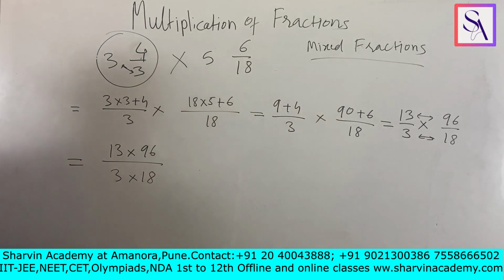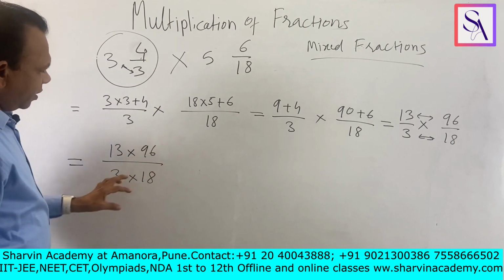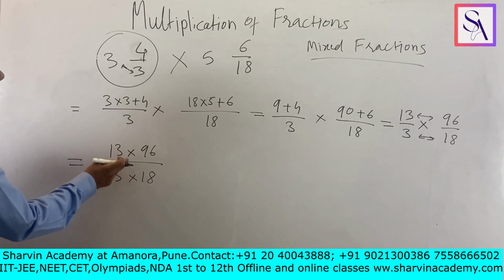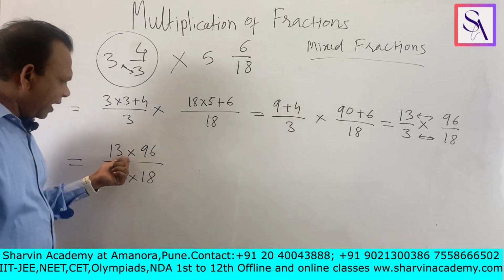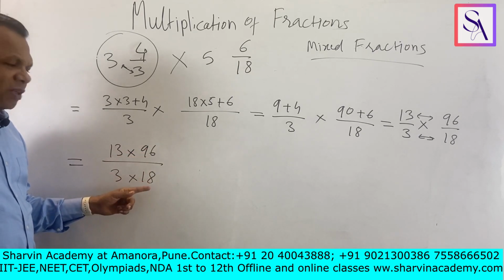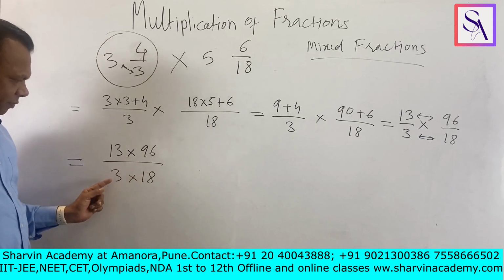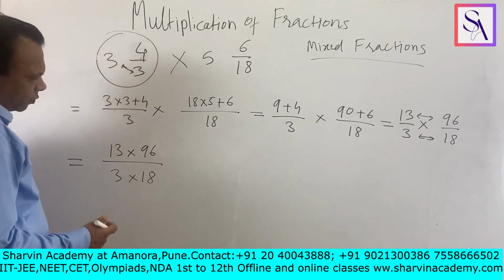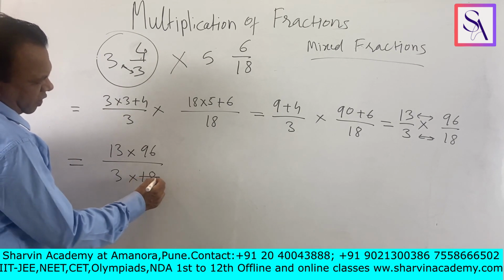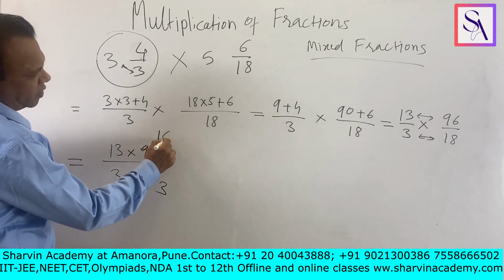Here either you directly multiply and get the numerator and the denominator, or you can cut, because the multiplication sign is there. In multiplication you can cut these numbers. Cut means you can divide these two numbers by the same number. So I will divide by 6. 6 3s are 18, 6 1s are 6.